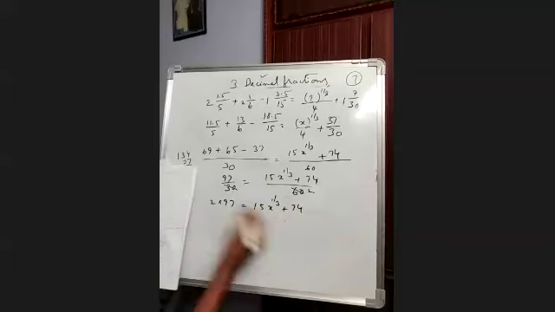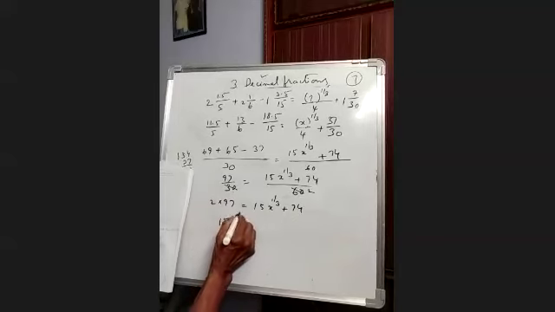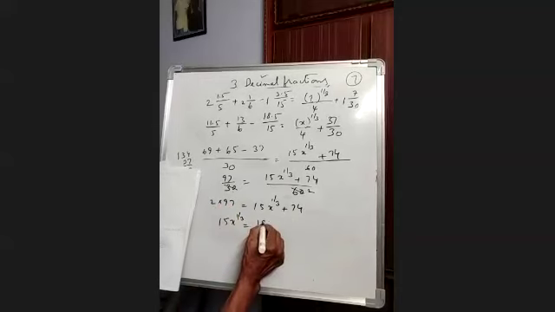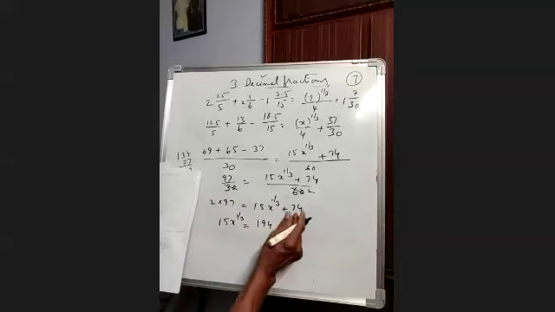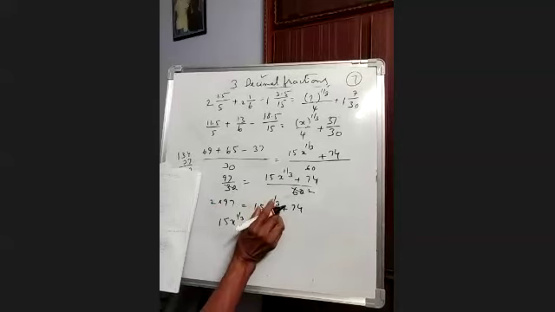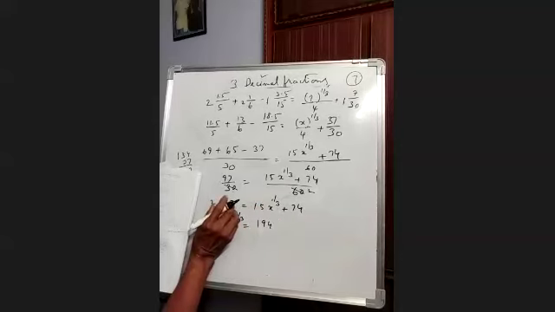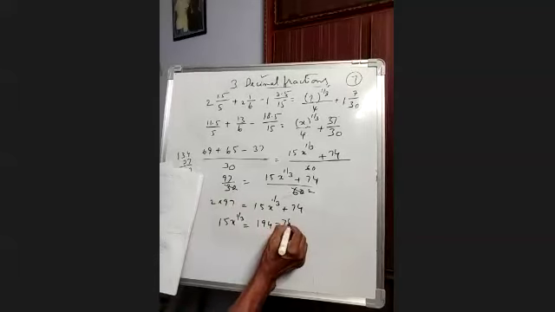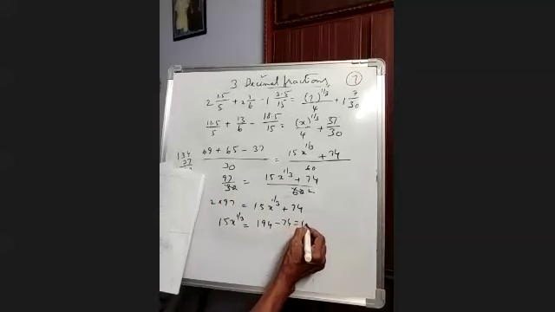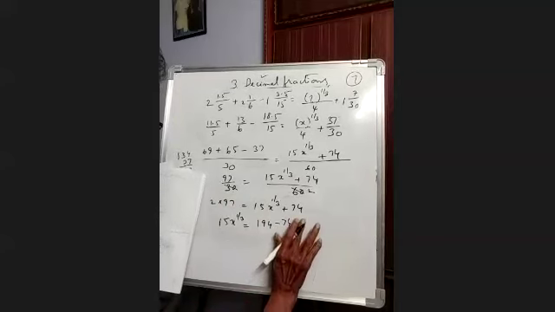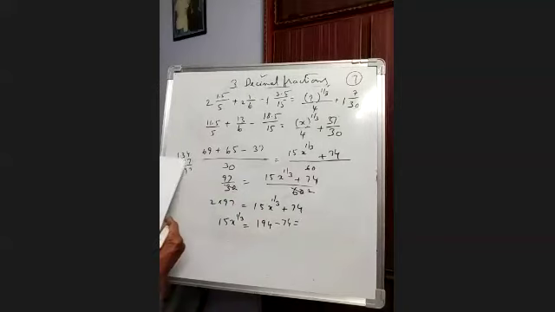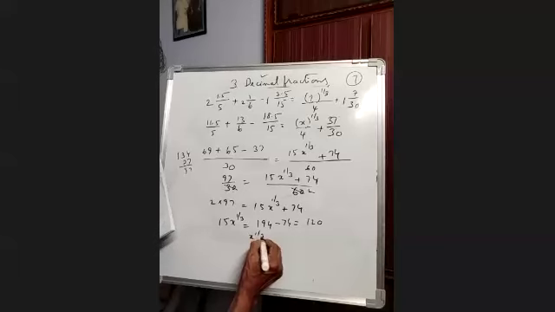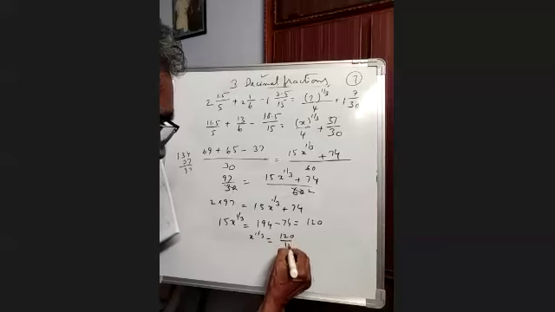Now bring 15 x to the power of 1 by 3 to the left side. 15 x to the power of 1 by 3 is equal to this 194 multiplied by 2, as it is, right side written on left side. So 194 minus 74 will be 120. x to the power of 1 by 3 is equal to 120 by 15.